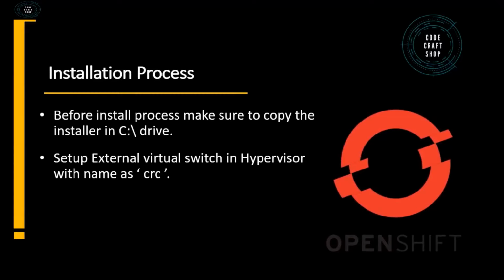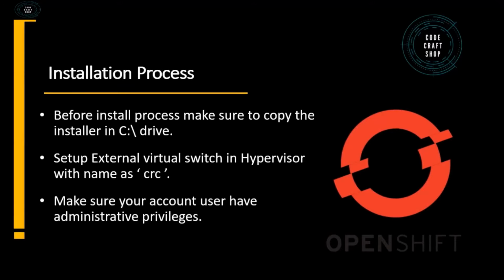We will do it in the demo. And our user account, means the account with which we have logged into our system, should have administrative privileges so that CodeReady Containers can create the required files and folders. So watch the demo for the installation commands.